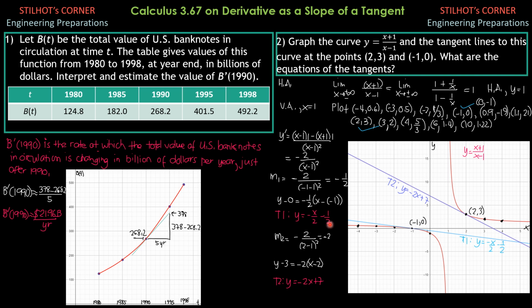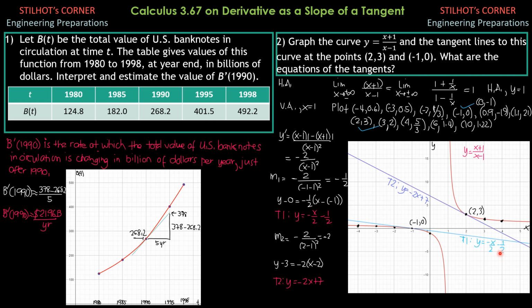To sketch the graph of the tangent, this is the first point, -1, 0. The second point is 0, -1. So which is this? Then connect with a straight line, that's the first tangent, y equals -x over 2 minus 1/2.